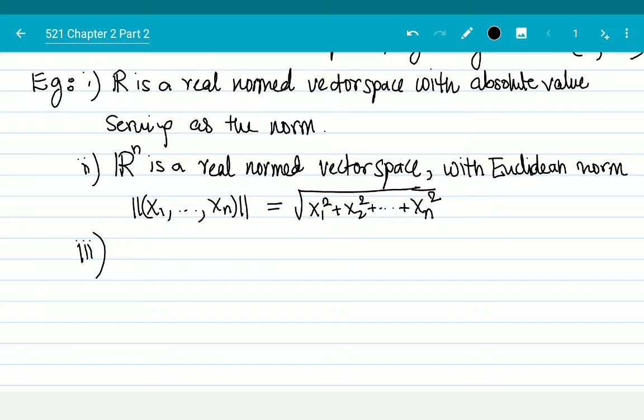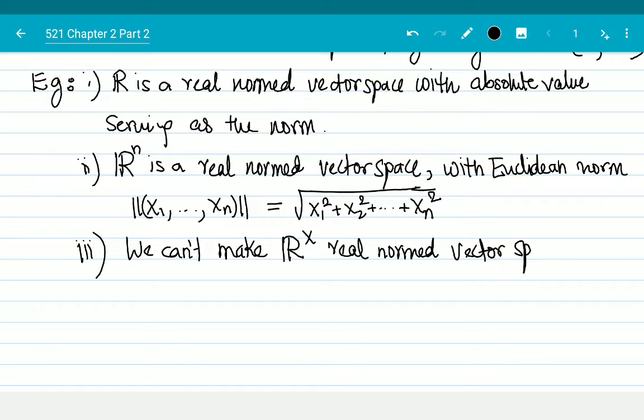Okay? Now, the problem is we can't make R to the X a real normed vector space for general sets X. Okay?